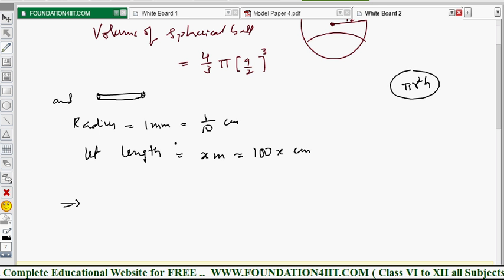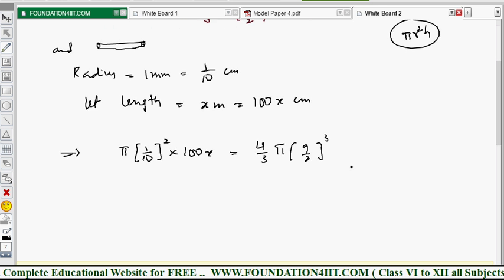So if you apply that, 1 by 10 is the radius, so pi r square h, where h is the length, that is 100x. That should be equal to the volume of the spherical ball, that is 4 by 3 pi, 9 by 2 cube. That's it. If we simplify this, we will get the x value.